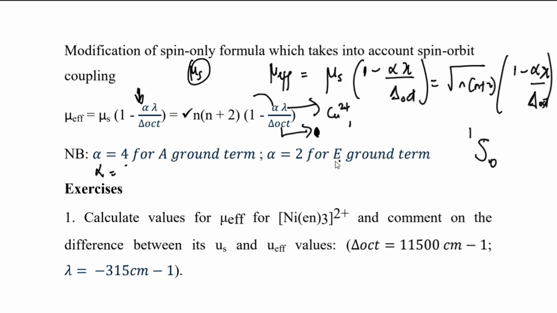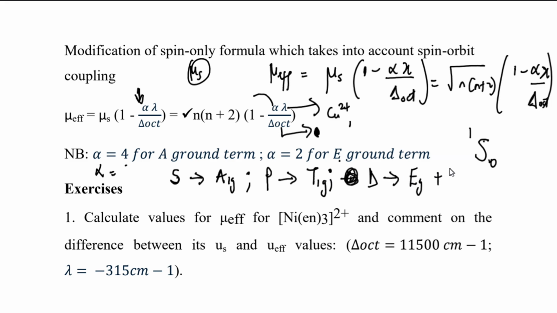Now this brings us to the concept of spin orbit coupling again. In spin orbit coupling, the s orbital splits to A1g. The p orbital splits to T1g. The d orbital splits to Eg plus T2g.